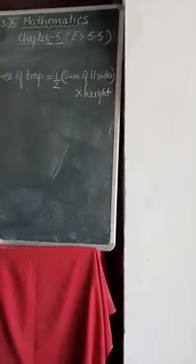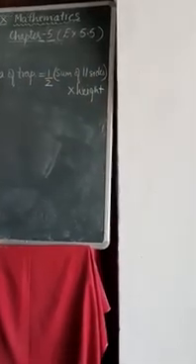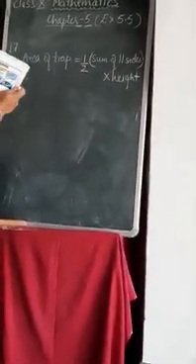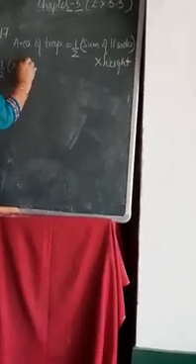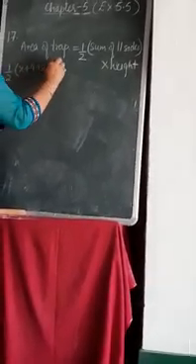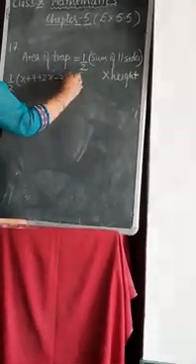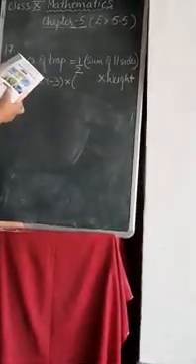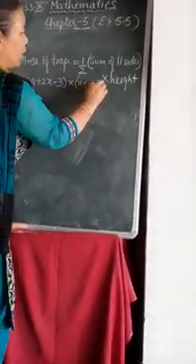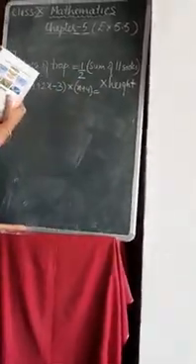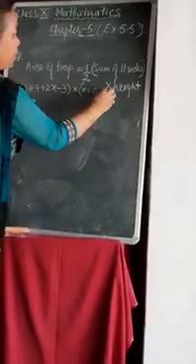So here 1 upon 2 times the sum of parallel sides. The parallel sides are x plus 9 and 2x minus 3. So x plus 9 plus 2x minus 3, multiplied by the height. Height is x plus 4 and the area is 540.